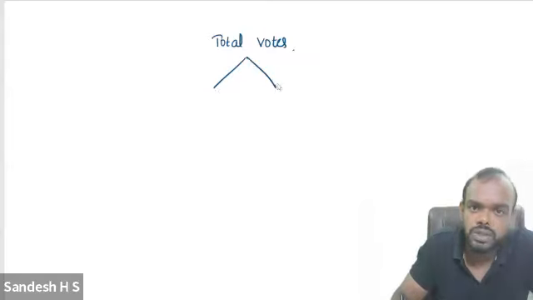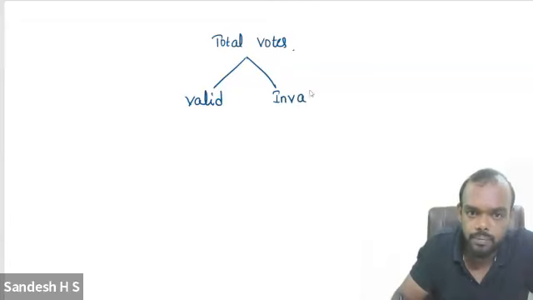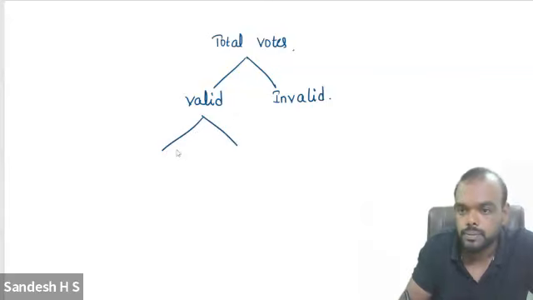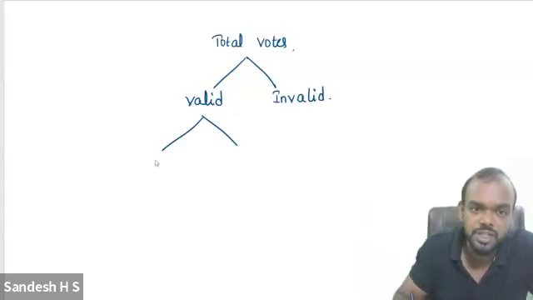Among the total votes, every vote need not be valid. Few votes are valid and a few votes are invalid. We will count only valid votes. Okay. This is distributed among two people if there are only two contestants.